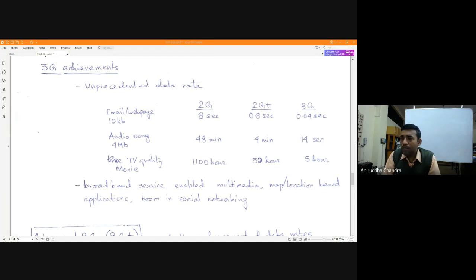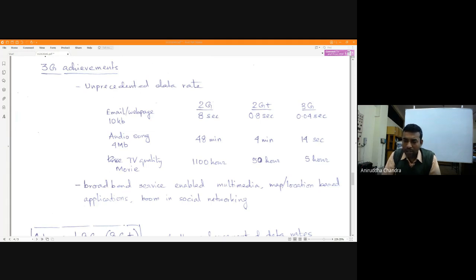So map or location based applications are not only related to Google Maps. Well, if you want to go somewhere, you want to book a cab, so this Ola or Uber or all these service models, and many others, like food ordering, like Zomato. So 3G enabled all these services to be realized.